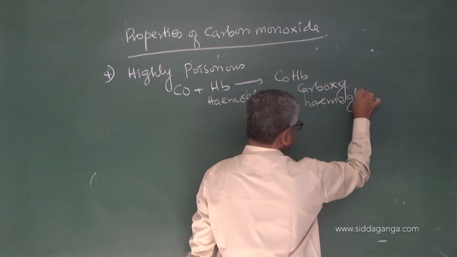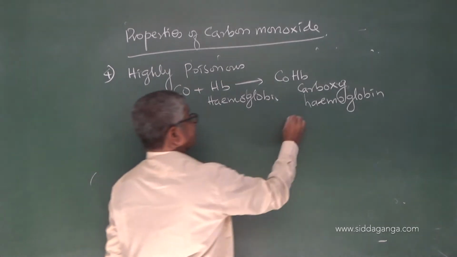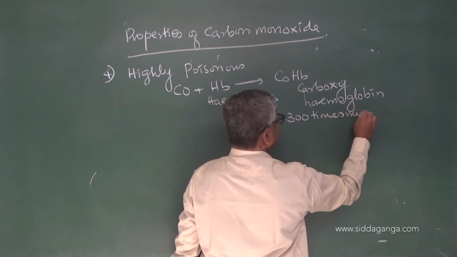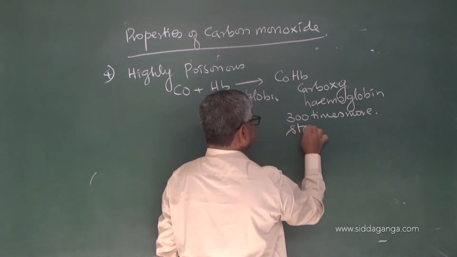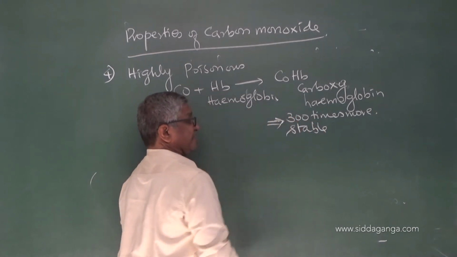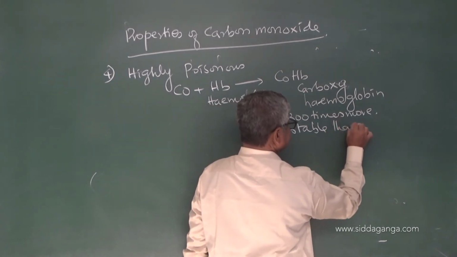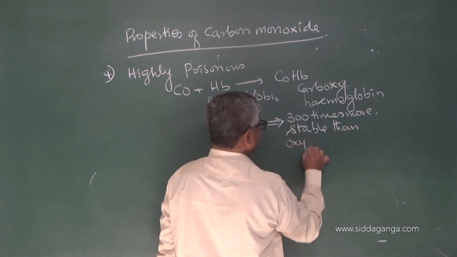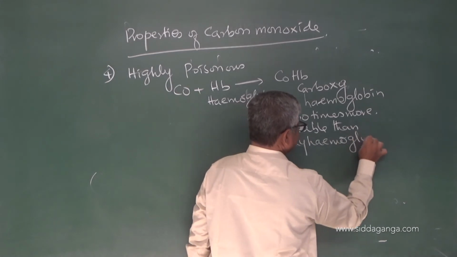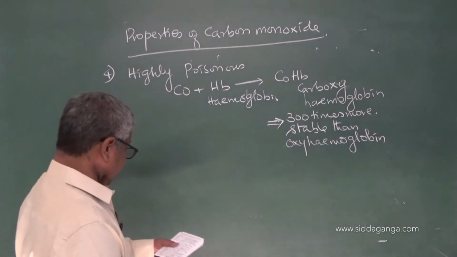Carboxyhemoglobin is 300 times more stable than oxyhemoglobin.